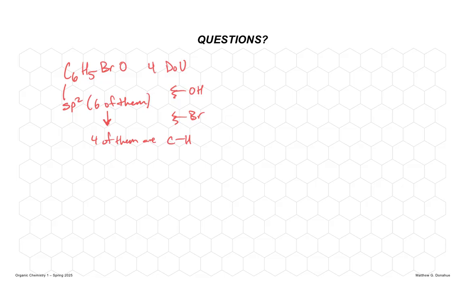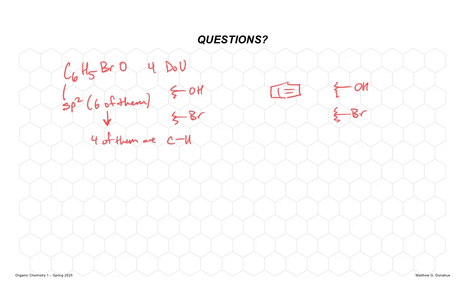So let's start with a benzene ring. We have these 2 substituents, OH and Br, that we have to attach to it. How many different constitutional isomers can we propose from those 2 substituents bonded to the benzene ring in terms of their relationship to one another? There can be 3.